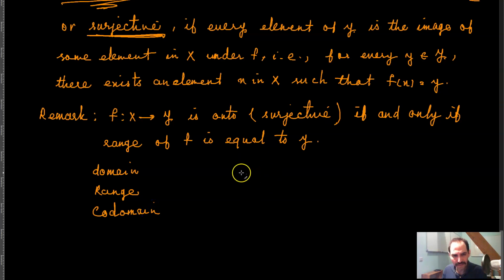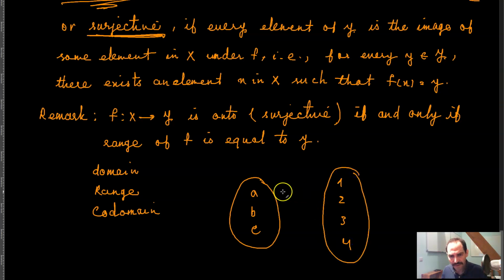For example, if you have some function, say a, b, c, and you have 1, 2, 3, and 4 here, and suppose a is mapped to 1, b is mapped to 2, and c is mapped to 3, you can see that 4 is not the image of any of the elements of X. Let's call these X and Y. Under f, 4 is not the image of any of the elements of X. So then you can say that, of course, this is a function.